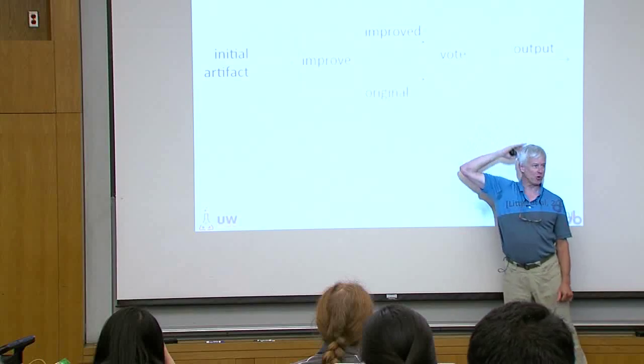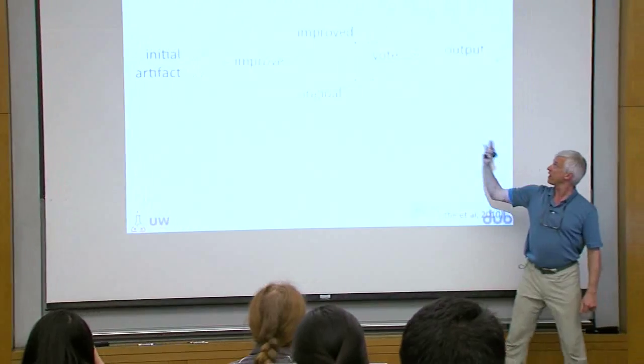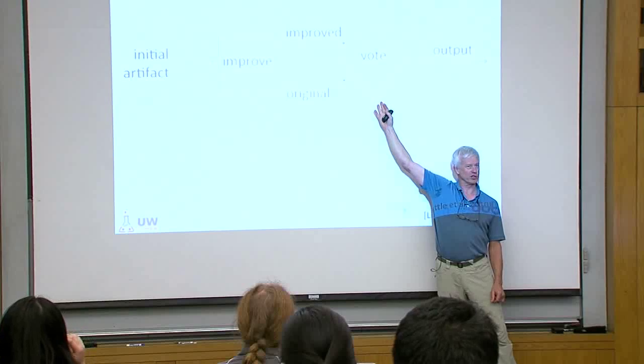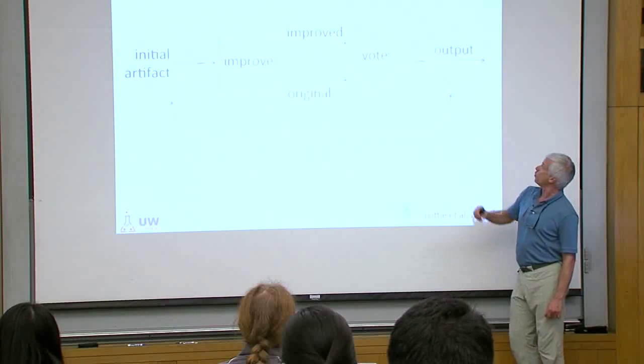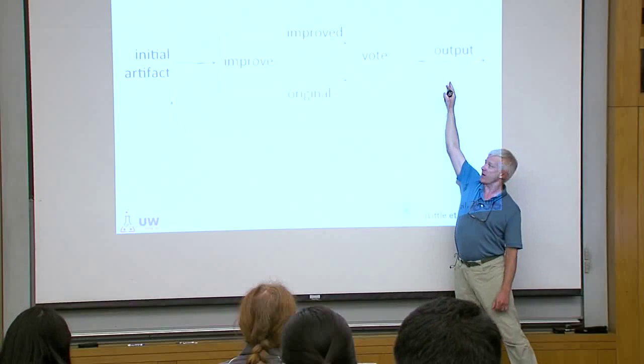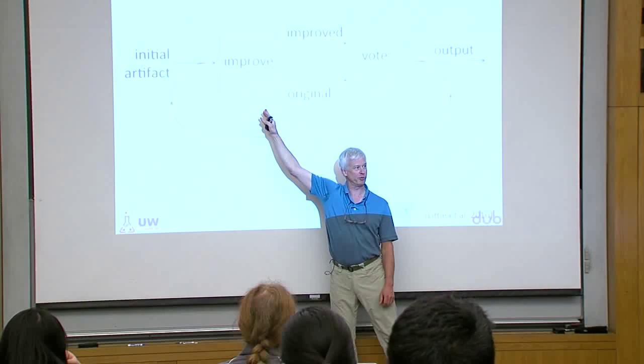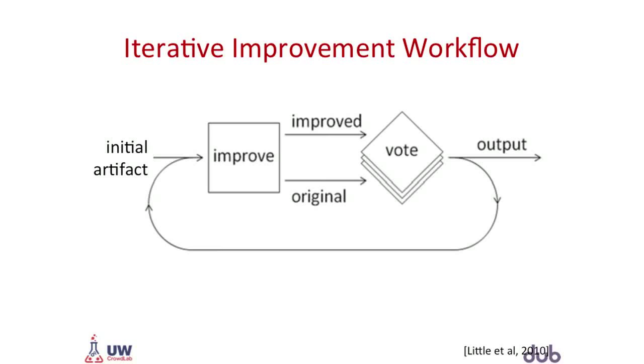So we're going to have them vote which one of those is better. And in fact, we might have multiple workers vote. And then we're going to take that best artifact and we're going to go back and try to improve it again. And we'll go around this loop a number of different times until we're pretty sure we've got the best thing possible, or that we're at the point of diminishing returns, and then we'll output it.